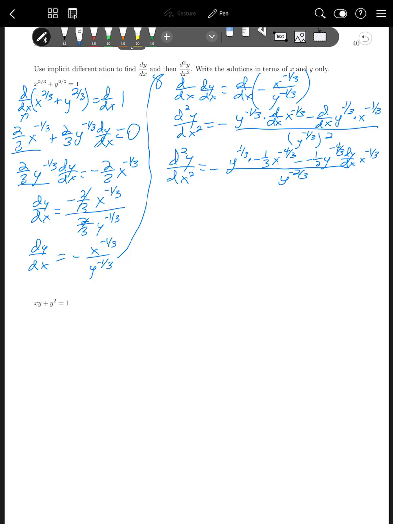Okay, so then we need to do a couple things. We need to substitute in here for dy dx using this expression, and then we can do some simplification.